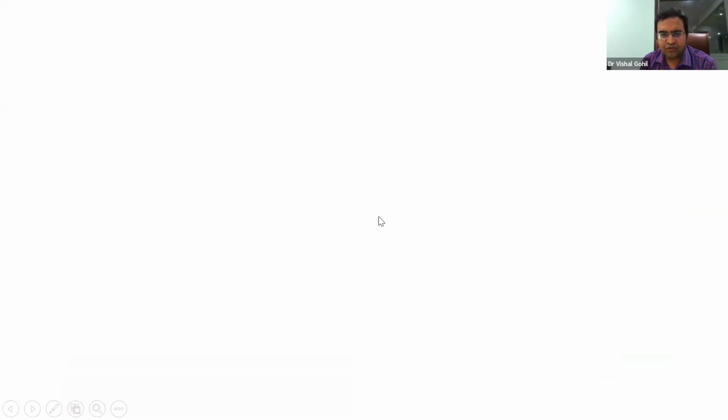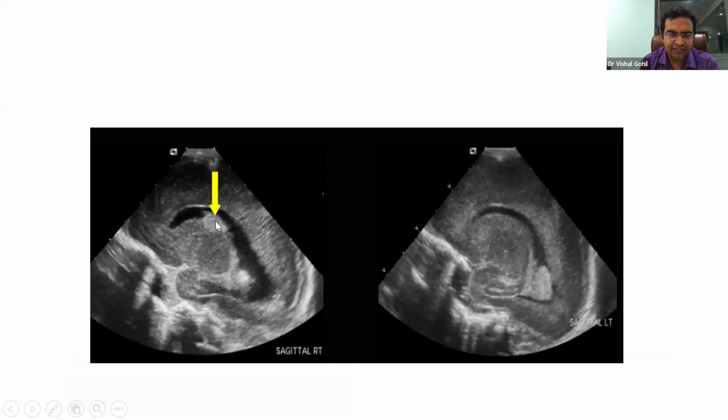But what if your choroid plexus surface is irregular? Like if you see this image, there is an irregular surface over here. Then how would you know whether it is part of the IVH or something else? When you see any echogenicity in other parts of the lateral ventricle, that means that is a part of the IVH.